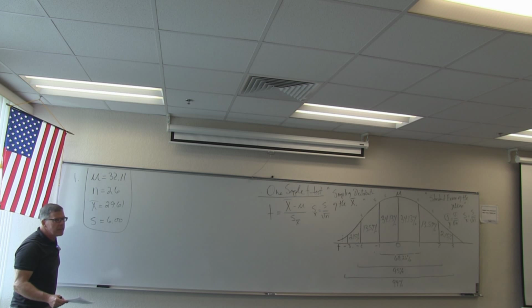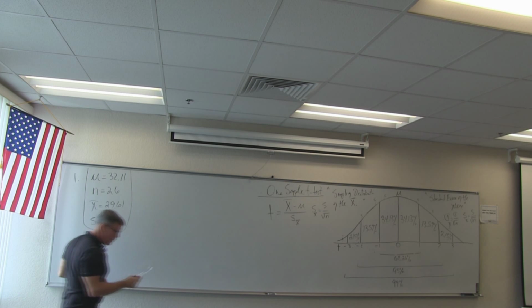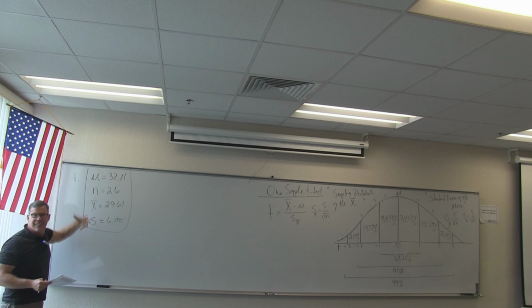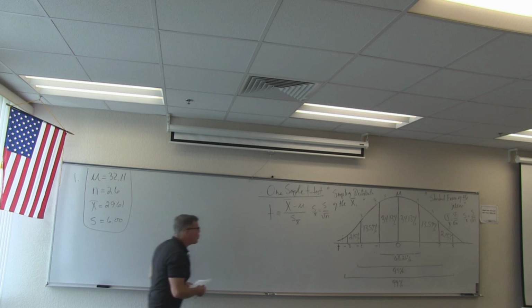They want us to test the validity. Is this assumption accurate? I don't know. We have about a 2.5-year difference between this and this. Our job now is to determine, is that difference significantly different? We have a mu of 32.11.